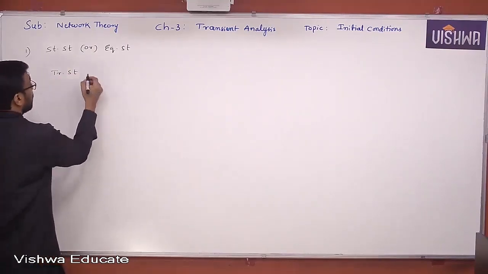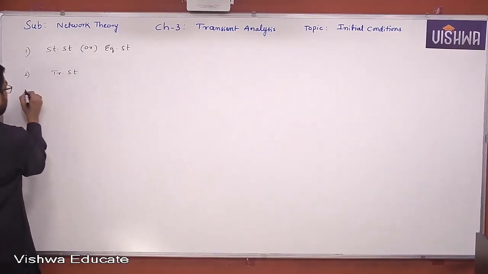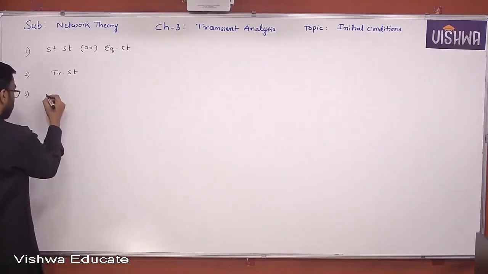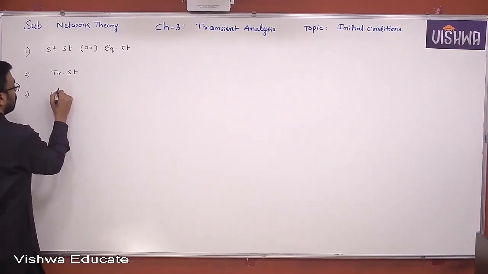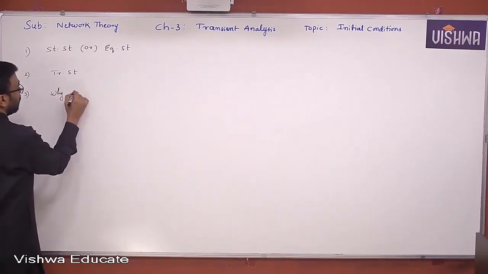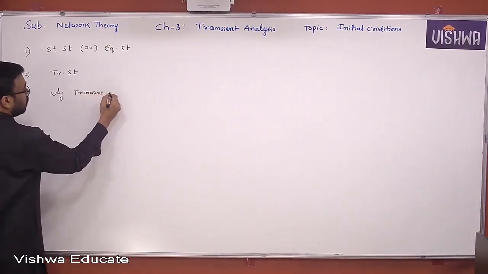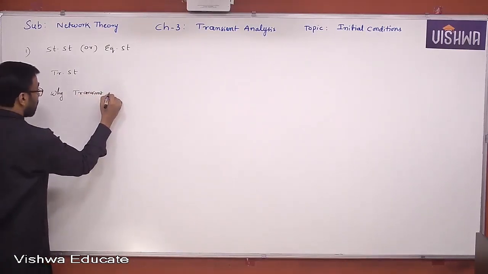People call it transient state or dynamic state. Third one is why transients occur.